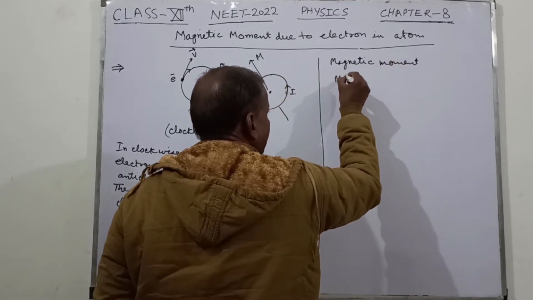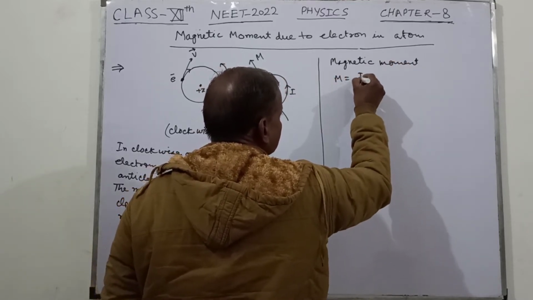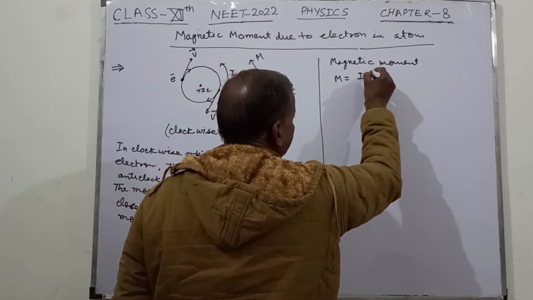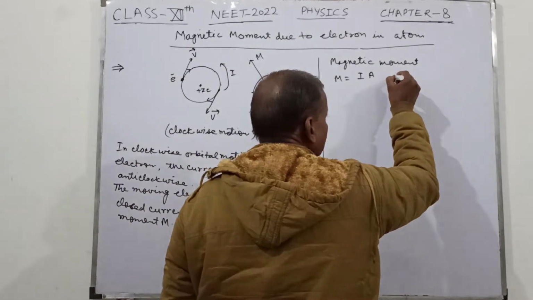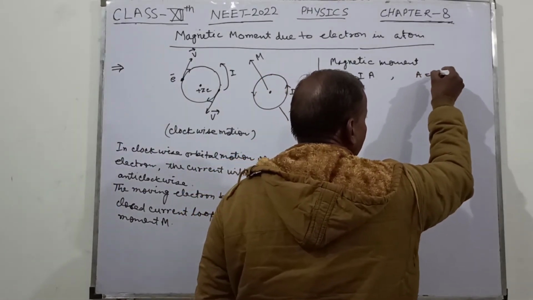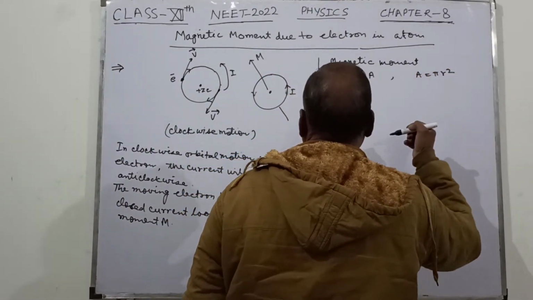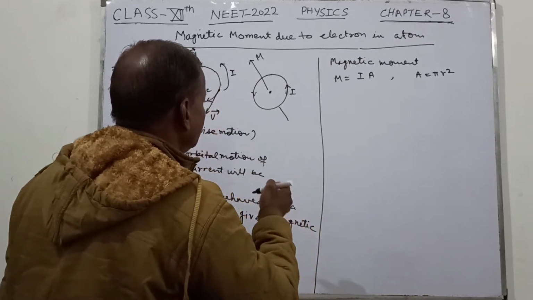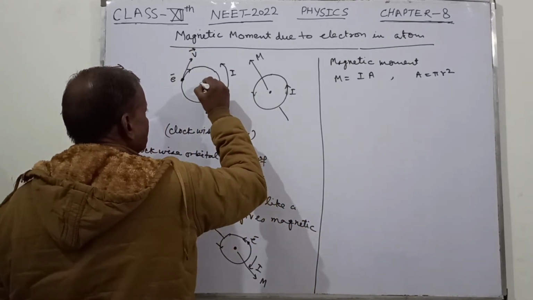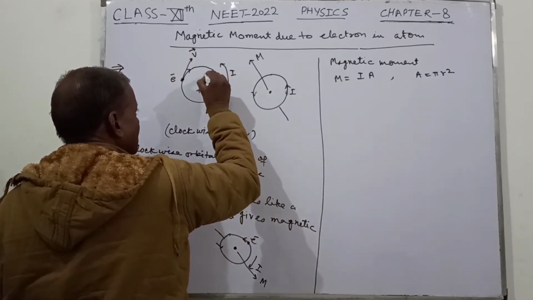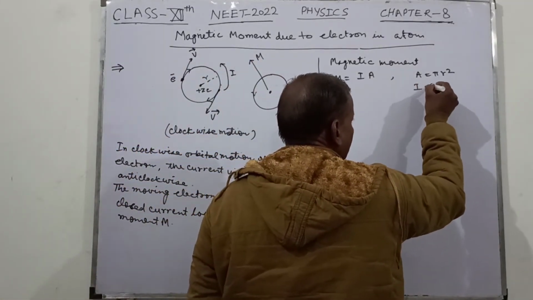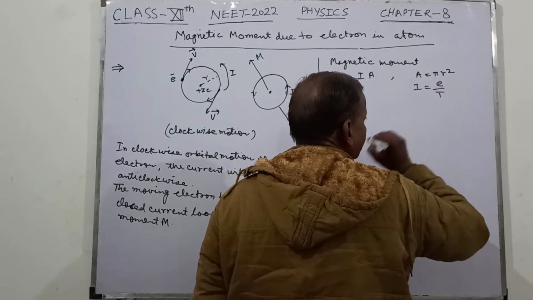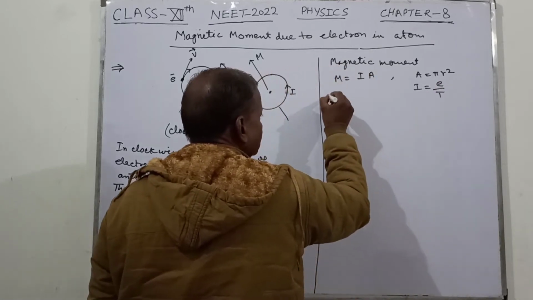Now the magnetic moment M equals I into A, where I is the current and A is the area, A equals pi r square, where r is the radius of the orbit. And I equals e upon T, where T is the time period.